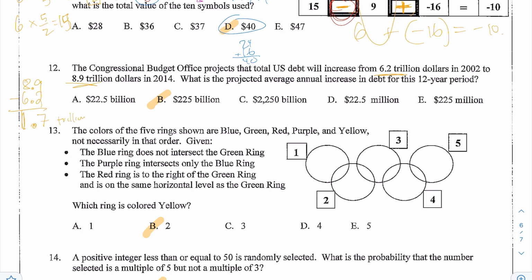But here between 2002 and 2014, the years will be 12 years. So you want the total divided by 12. So if you do 1.7 divided by 12, you get 1. It is in trillions.